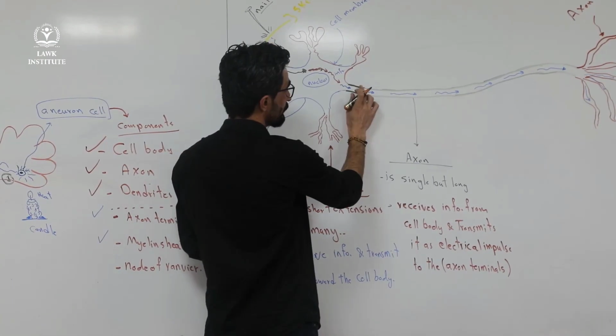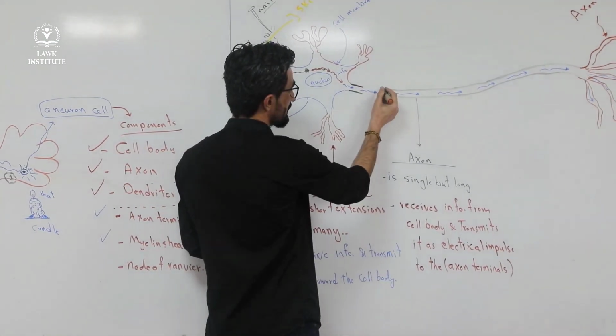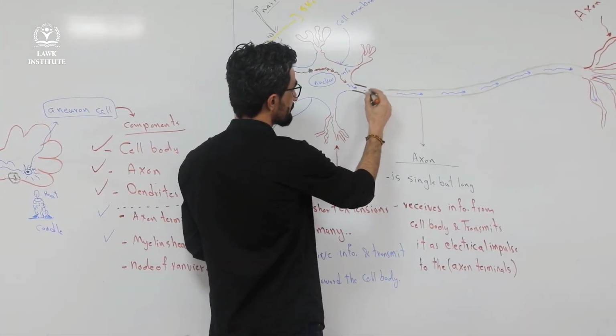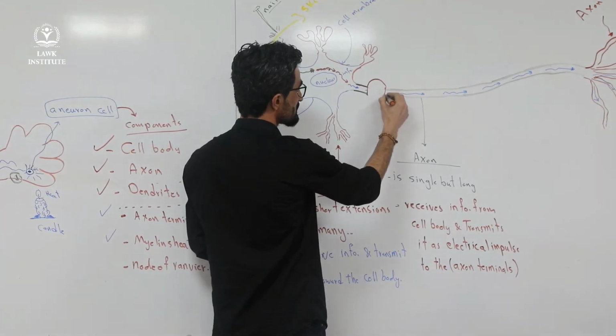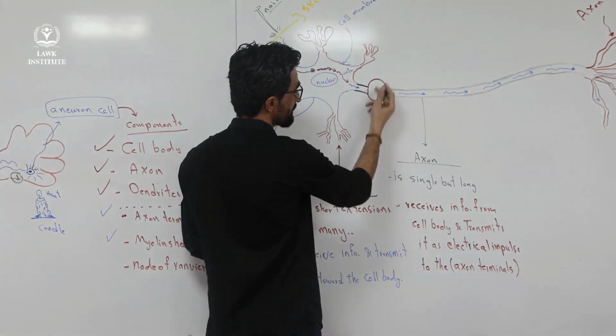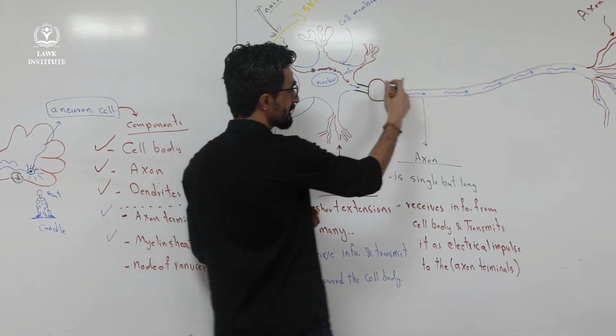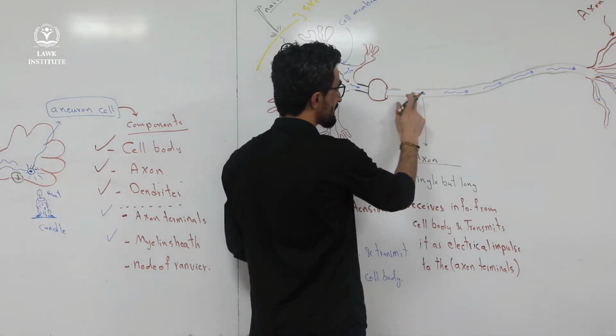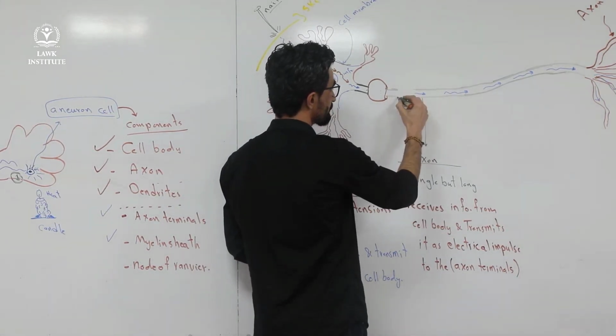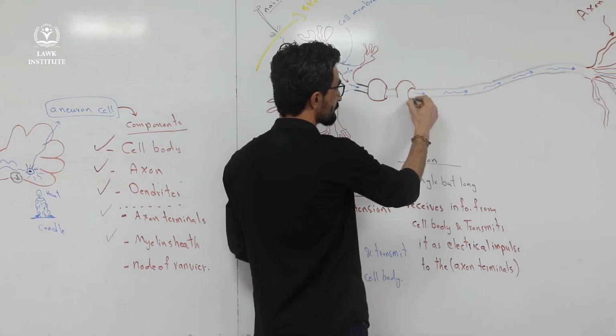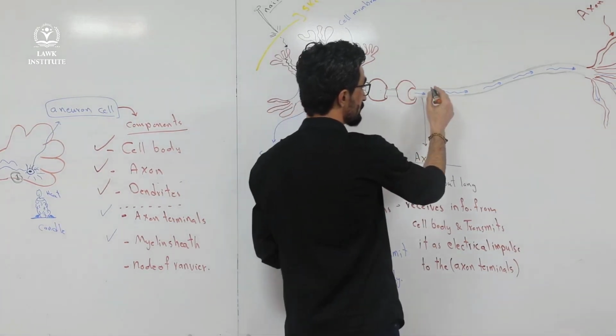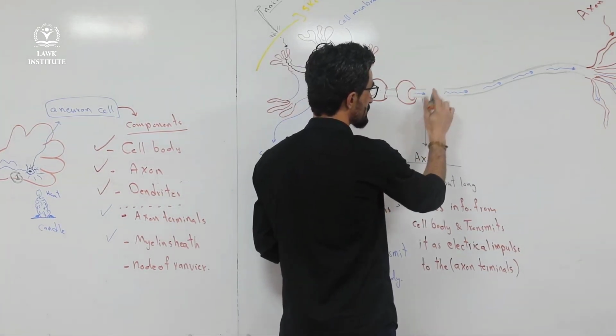Let's say this thing represents a cover, something that surrounds the axon of certain neurons, not all neurons.